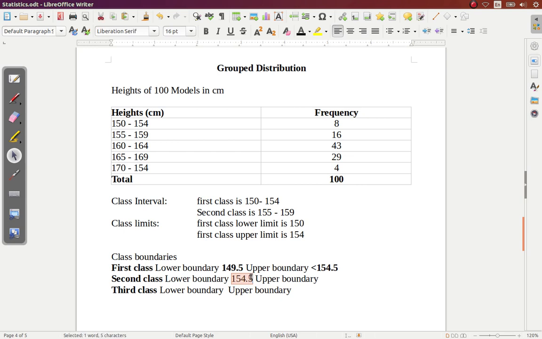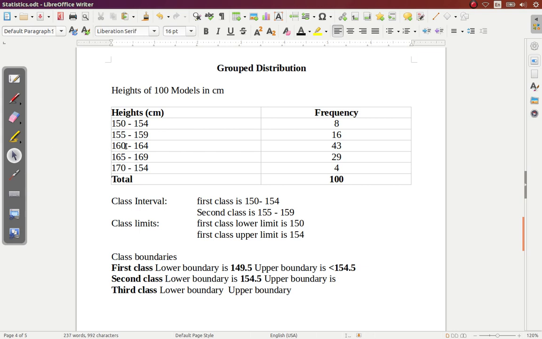So this is the lower boundary is there. Even though this is maths class, we have to get the English correct. The upper boundary is, what is the upper boundary?